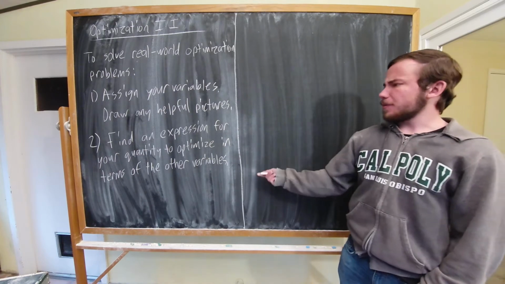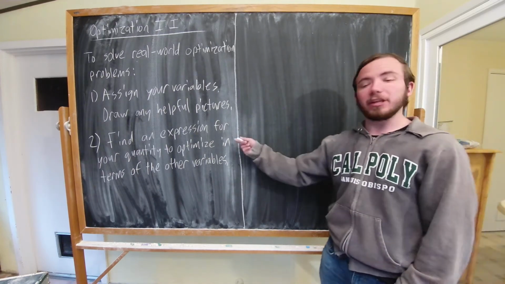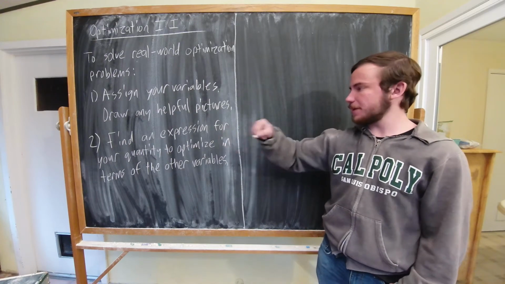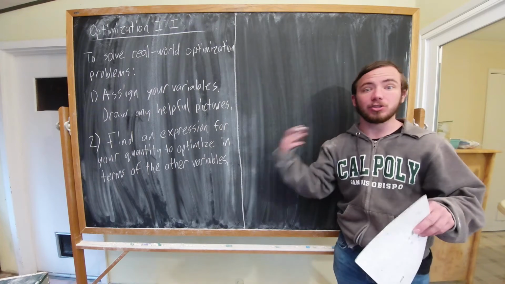Alright, so you might find one expression, you might find multiple. Typically you'll only need one or two of them, but as many as it takes, right? Just relate the variables however you can.